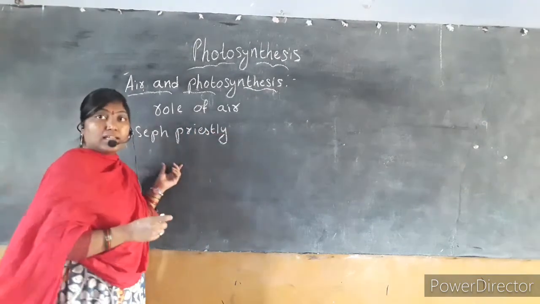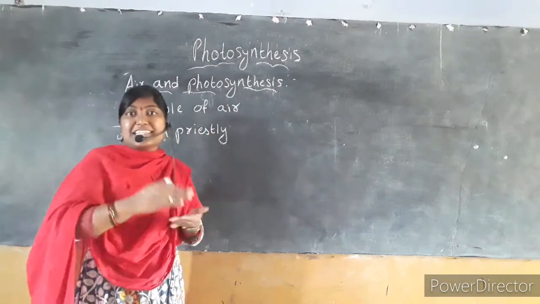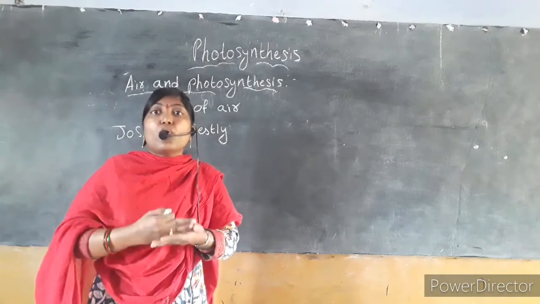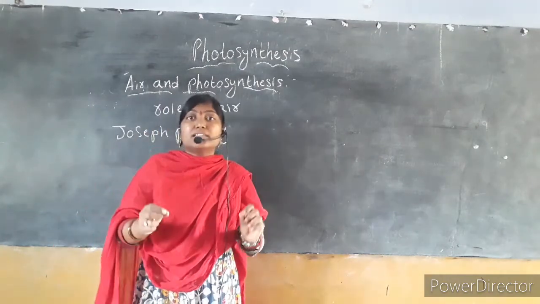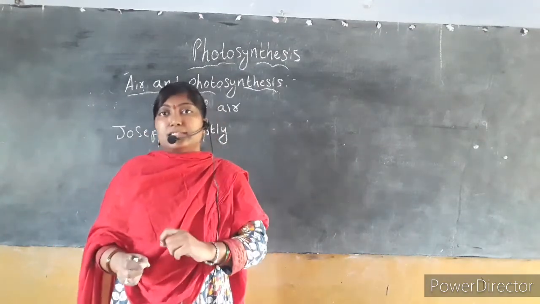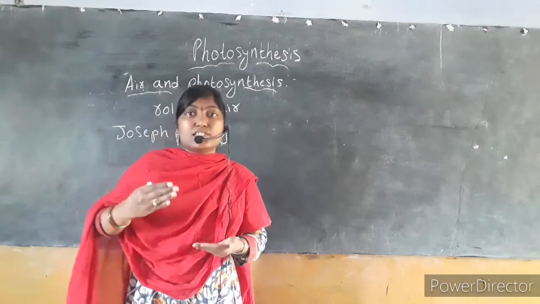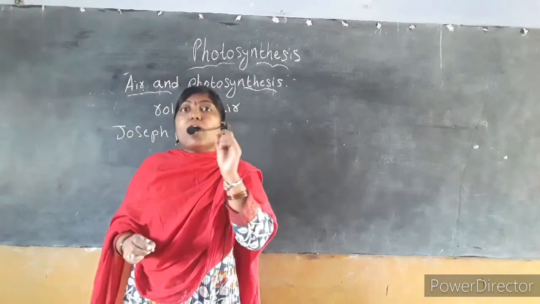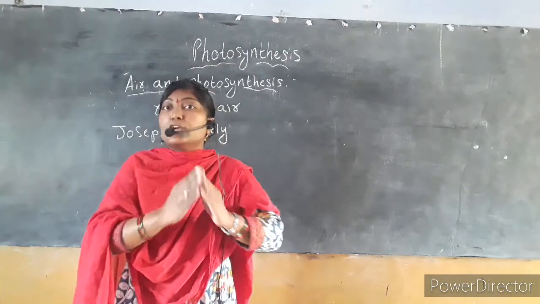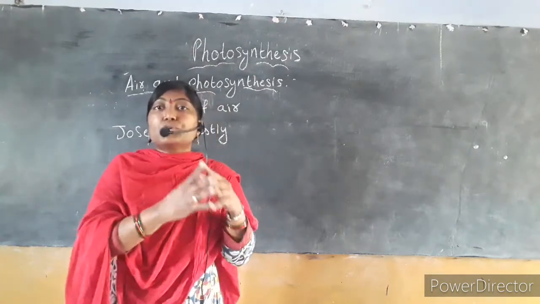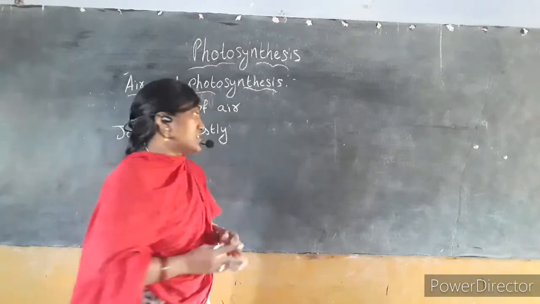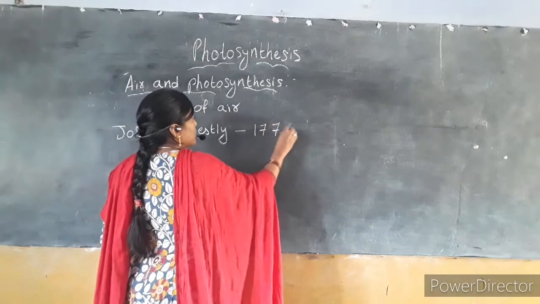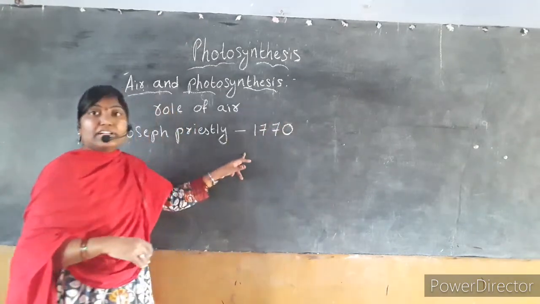Joseph Priestley performed a series of experiments on the essential role of air on the growth of plants during the process of photosynthesis in the year 1770.